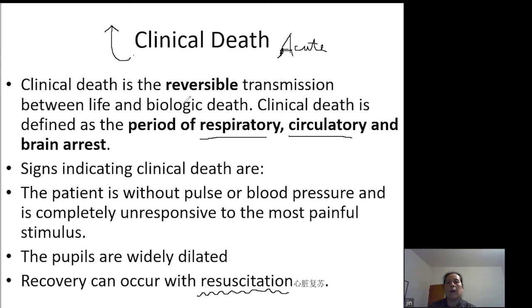Also some people fall into the ocean, into the water, and after we rescue them we find respiration stopped and circulation stopped. But if we immediately give treatment, it's possible, reversible. But if after a long time, the patient can truly go to the stage of biological death. So those are the two terms we use for death.